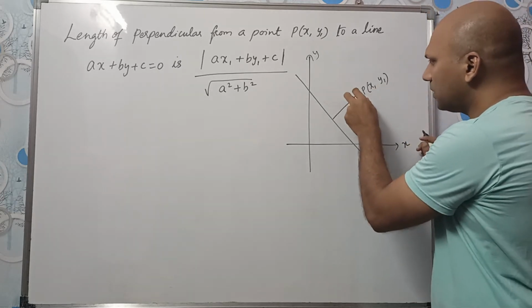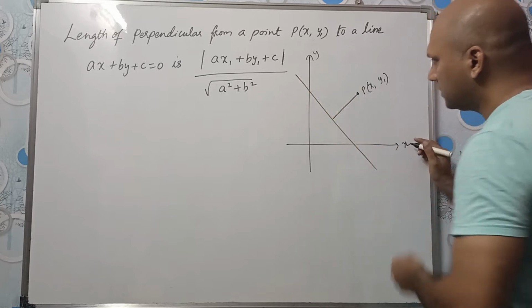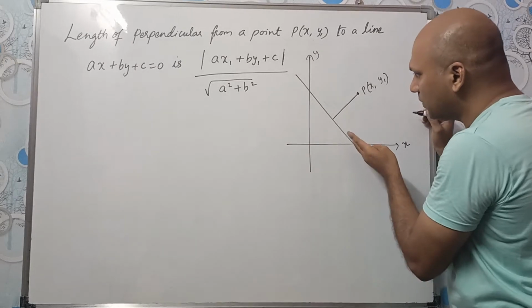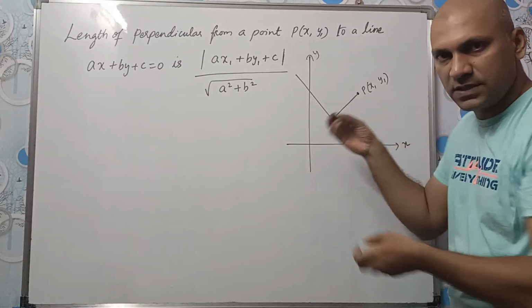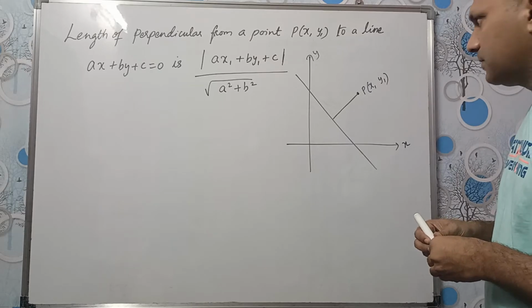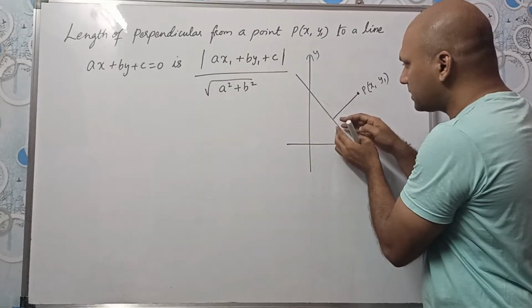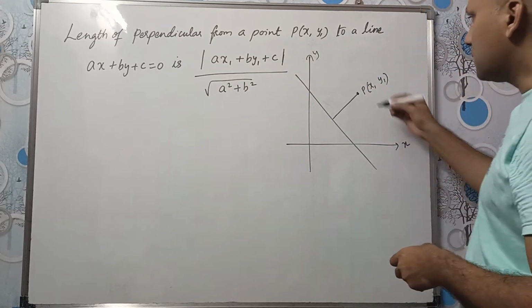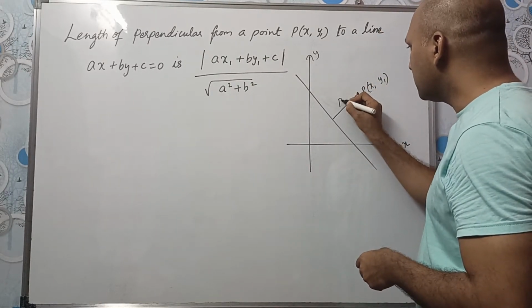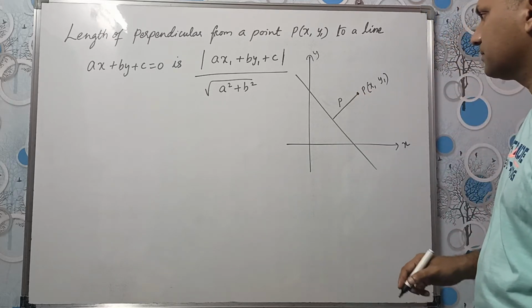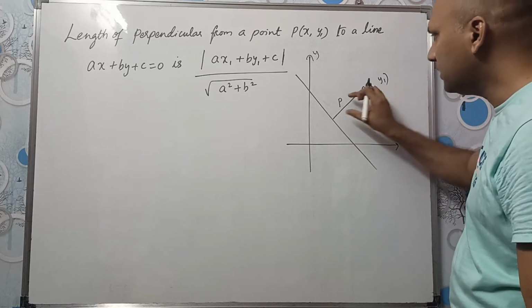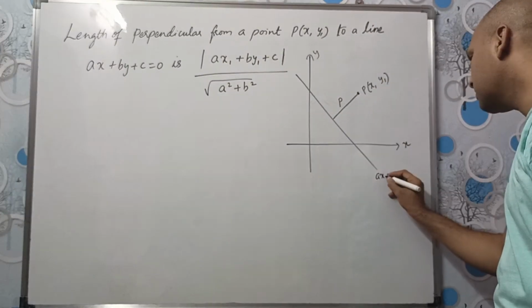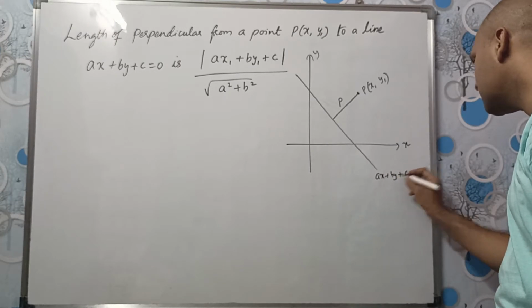What is the shortest distance from this point? Suppose you want to reach this straight line from here, what would be the shortest distance? Perpendicular distance would be the shortest distance, right? So when we talk about the distance between a point and a straight line, we generally talk about perpendicular distance. So let that perpendicular distance be, let us say, p. This is the point P (x1, y1), and this equation is ax plus by plus c is equal to 0.